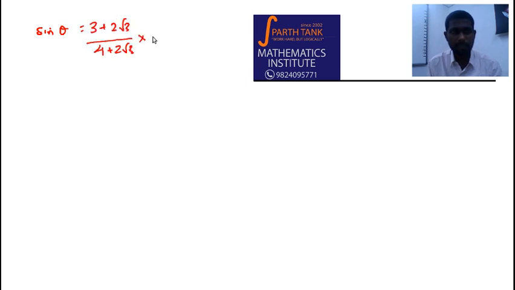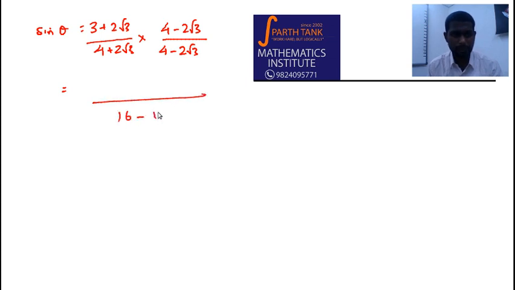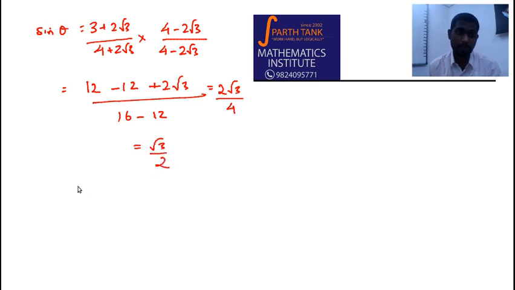Now rationalizing the denominator by multiplying by the conjugate, I get the denominator 16 minus 12, and the numerator becomes 12, and multiplying carefully, minus 12 and then plus 8 and minus 6, so that is plus 2 root 3, or this becomes 2 root 3 upon 4, which is root 3 by 2. All the simplification to get a nice root 3 by 2.